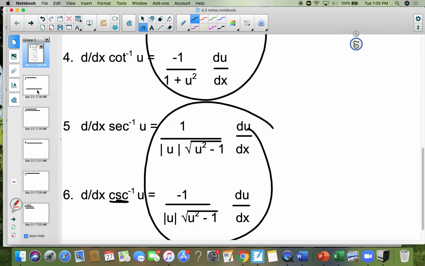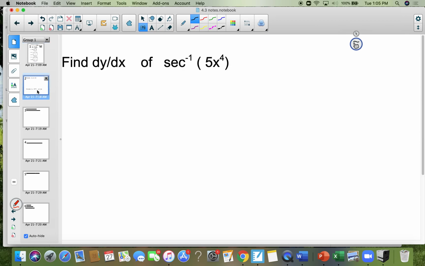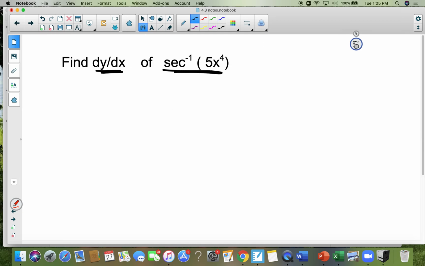Okay, next page. Find the derivative of the inverse of the secant. So I'm going to write the formula down. Before we do, let's do one extra one. Let's start with an easier one.